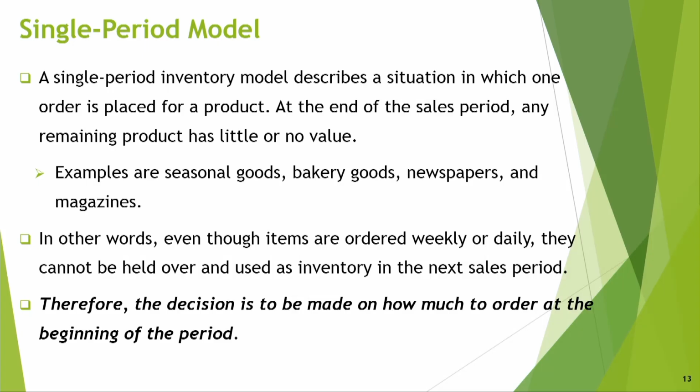In other words, even though items are ordered weekly or daily, like you purchase milk daily and it comes daily, some Amul van comes and gives you milk. So the shopkeeper has to decide how much to keep, so that customers should not go without milk, and they should get confidence in that shop.